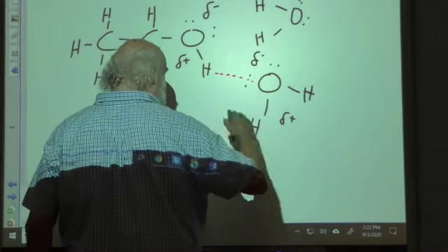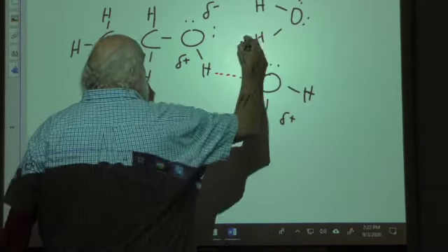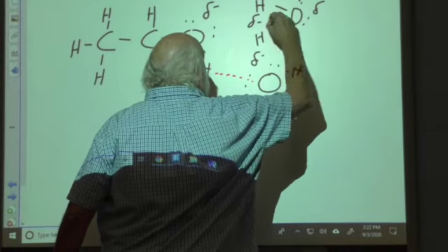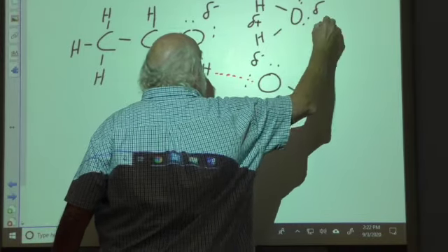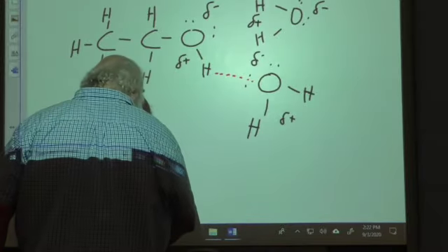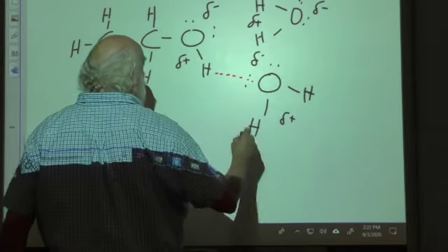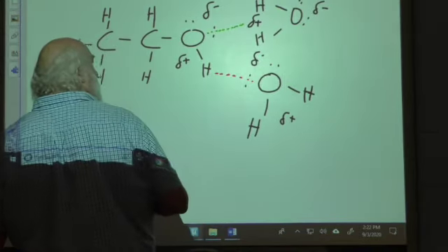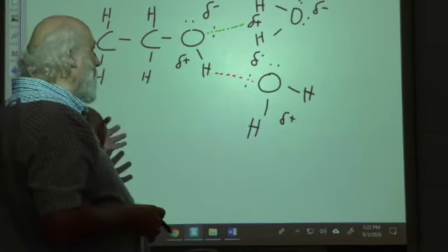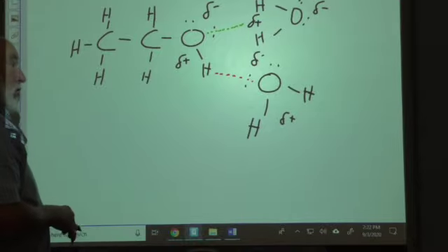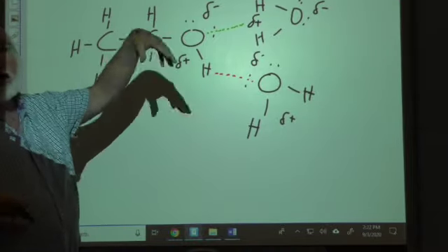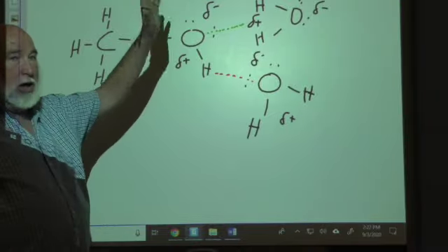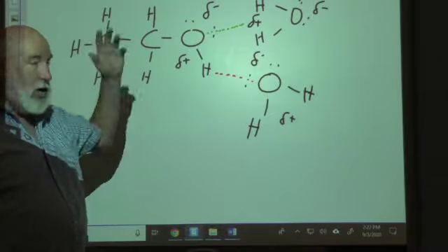And since this is positive here, and this is negative here, that means that the hydrogen atoms will be attracted to that oxygen atom. In fact, they both are going to do that. It's not just going to be one molecule bonding to it. You get a bunch of molecules bonding on here for both the waters and the ethanols.